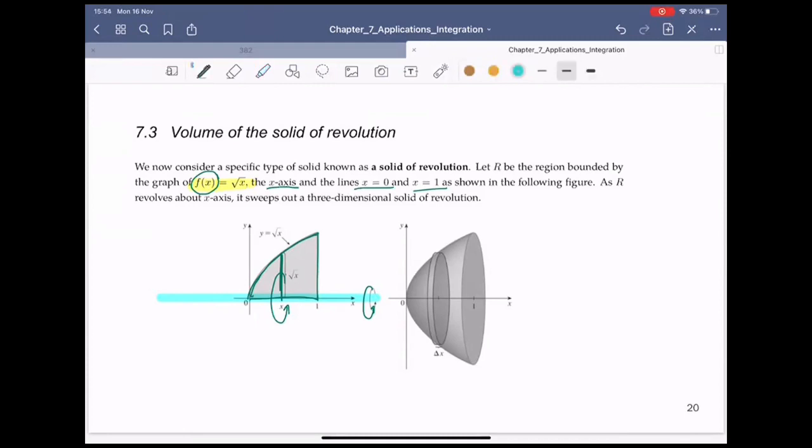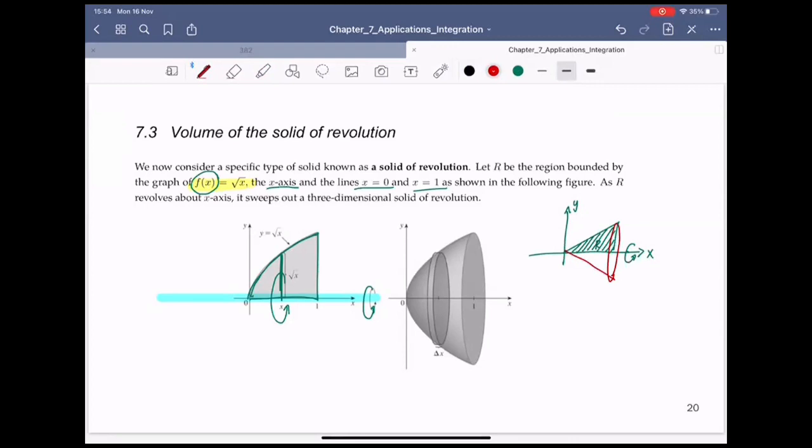Does it make sense? For example, if you have just a line here, I mean the region R here, and you rotate this around the x-axis, what you get is a cone, right?